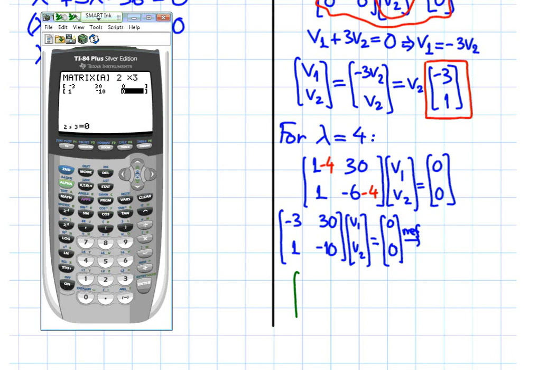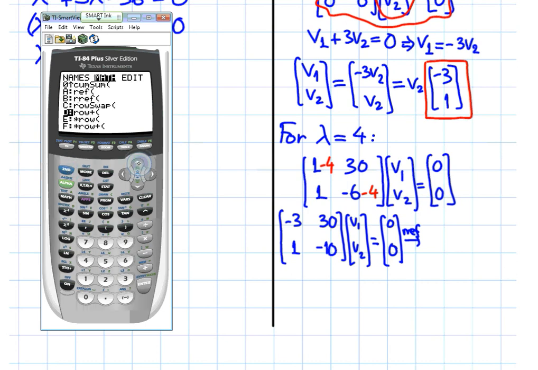Of course, we should put this in the matrix, but I skipped that step because we can easily see it pretty much on the coefficients here. Right, so we have that matrix, and when we're done, just hit second and quit, and second matrix again.